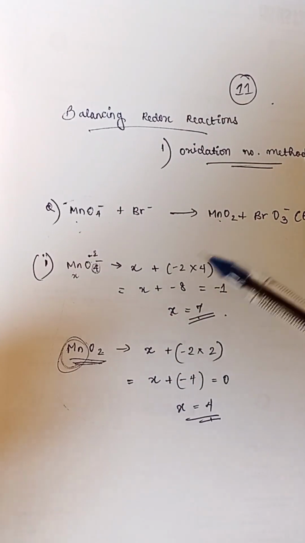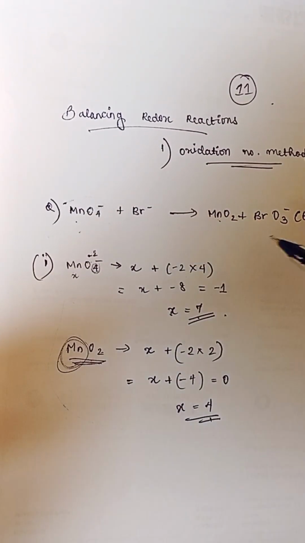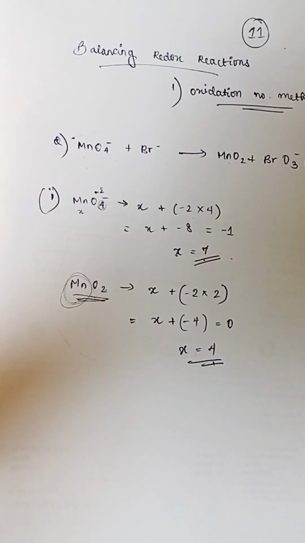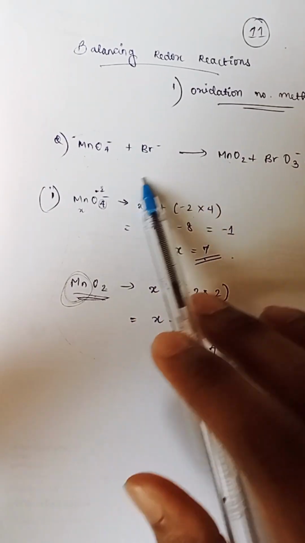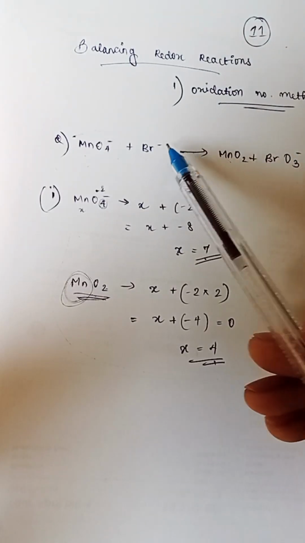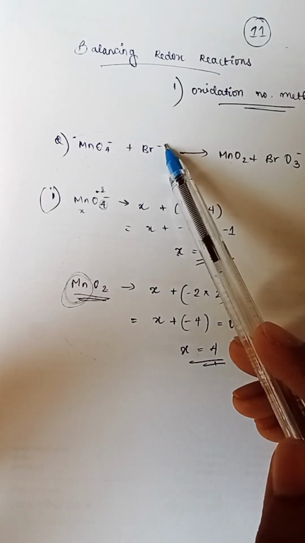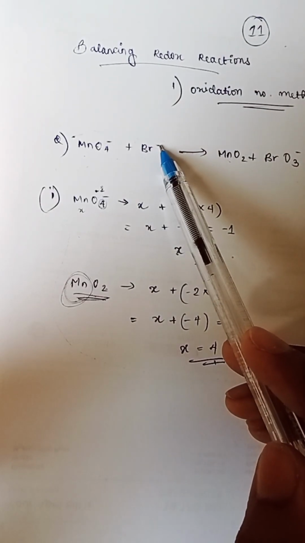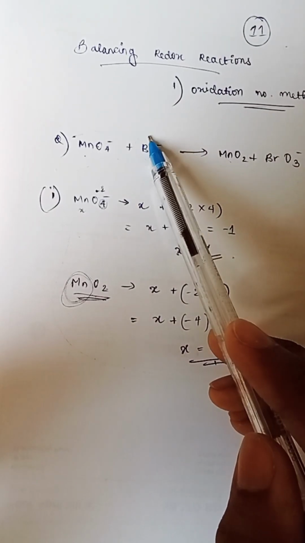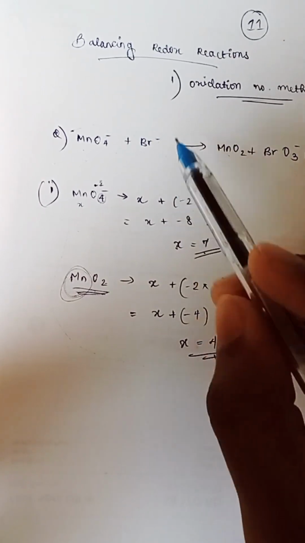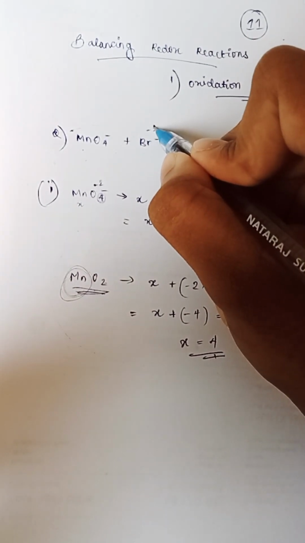Next, we need to find the oxidation number of Br minus as well as BrO3 minus. We know that whenever an element is found alone, the oxidation number will be 0. But here there is a minus sign, which represents 1 electron, so the oxidation number of Br will be minus 1.